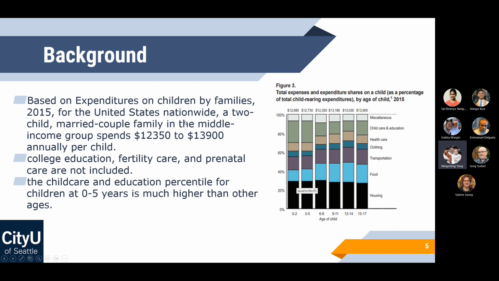So this is the background. Basically, it gives us a sign that parents are paying more attention to their children, especially for kids who are under 5 years old. However, parents may encounter many difficulties in the way of parenting.